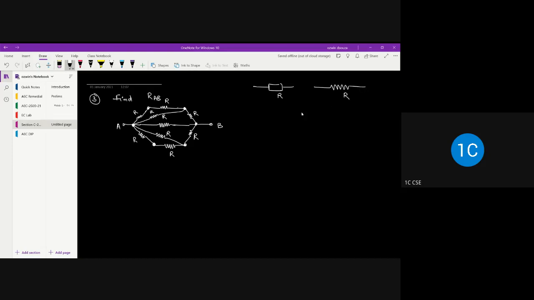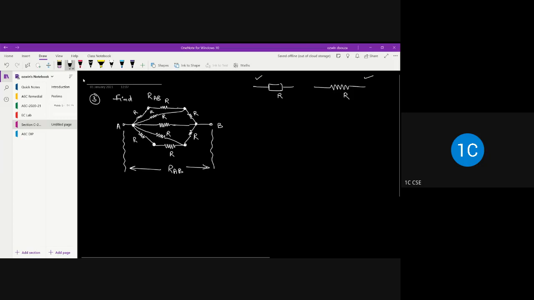Some authors prefer this convention, and some prefer that. Doesn't matter. So this is the given circuit. We are supposed to find the resistance between node A and node B.